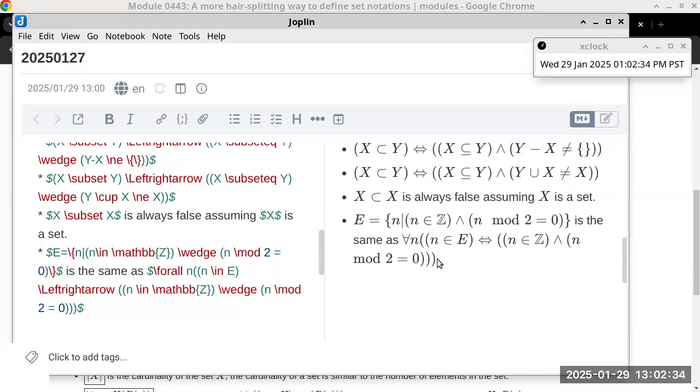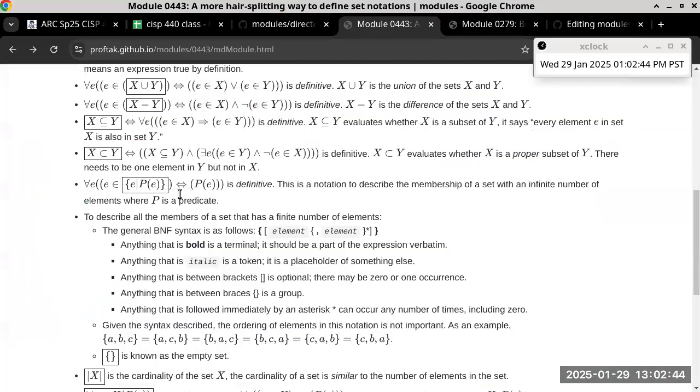And this is also a good example to illustrate why P of E is just a placeholder. Let me show you where the context is for P of E. This P of E here is just a placeholder for a Boolean expression that basically describes what qualifies to be a member of the set.